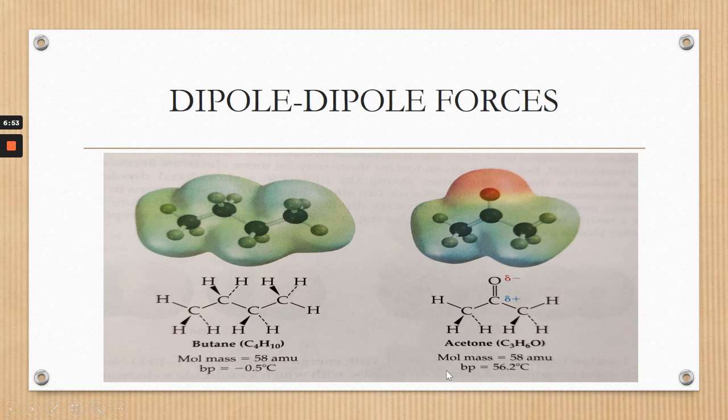It is very different, right? This happens because acetone is more polar and has a higher dipole moment than butane. So we can say that substances with higher dipole moments generally have higher boiling points.